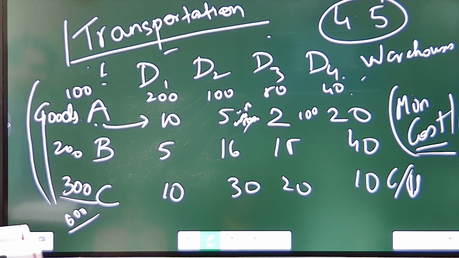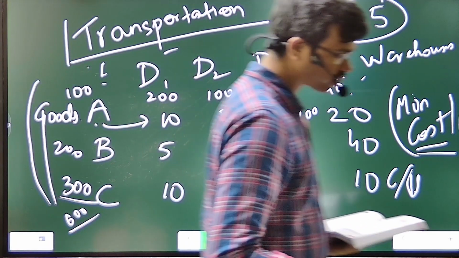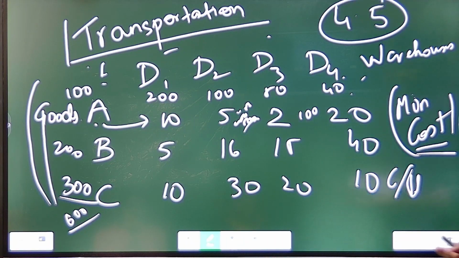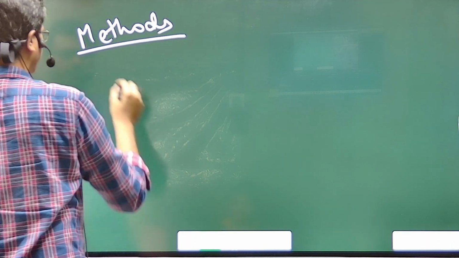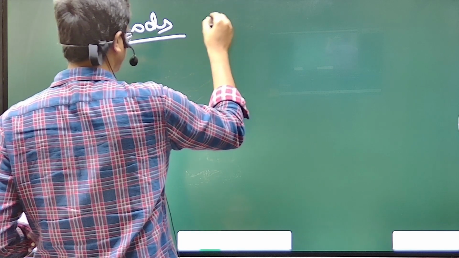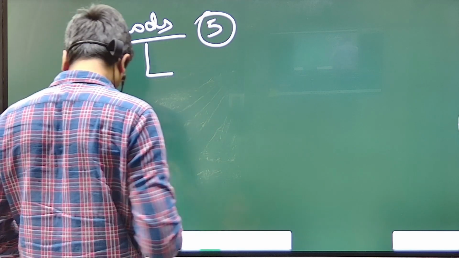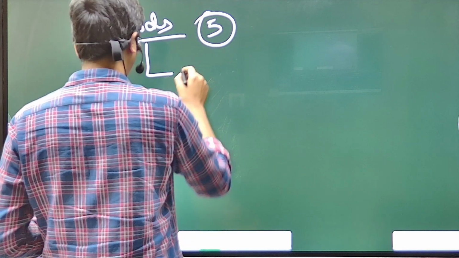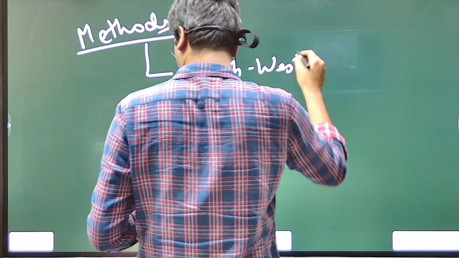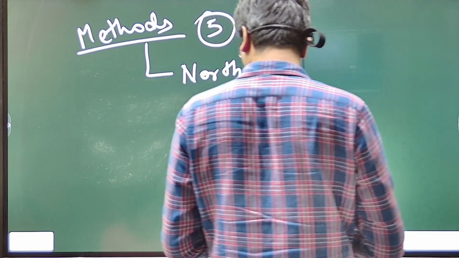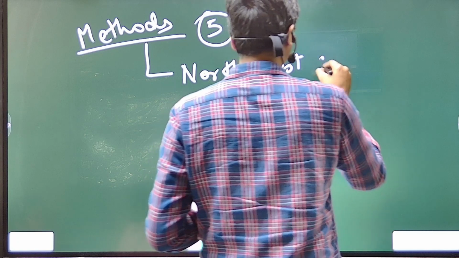So there are several algorithms, or you can say several methods, for transportation. So what are those methods? Basically you have five methods. The first method is the northwest corner rule.